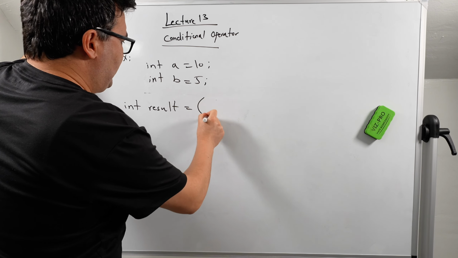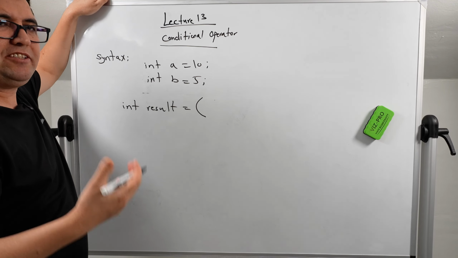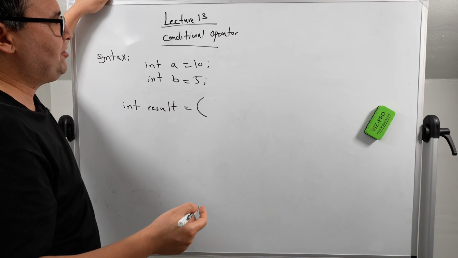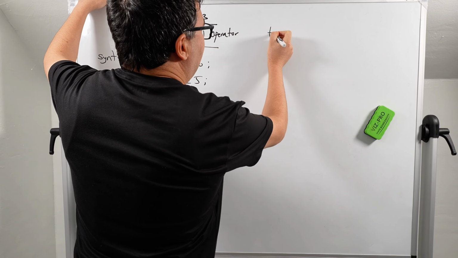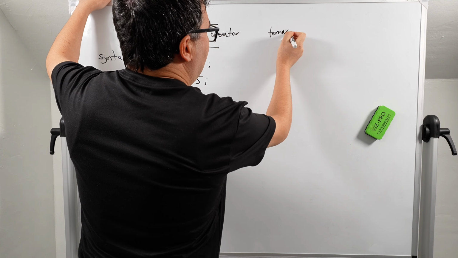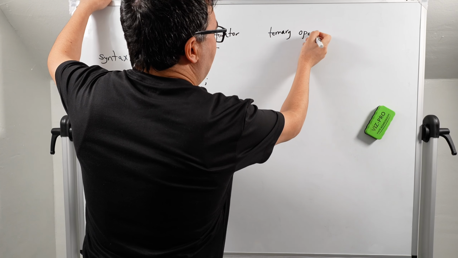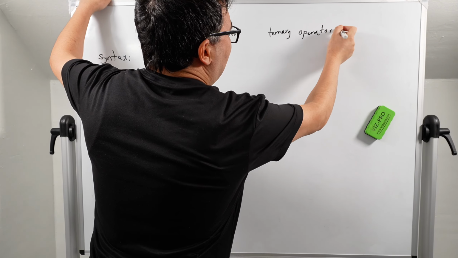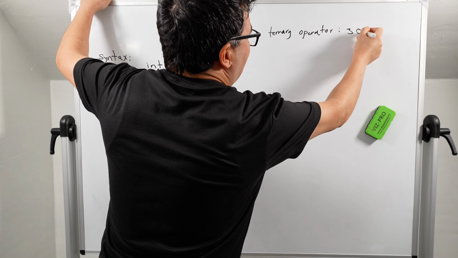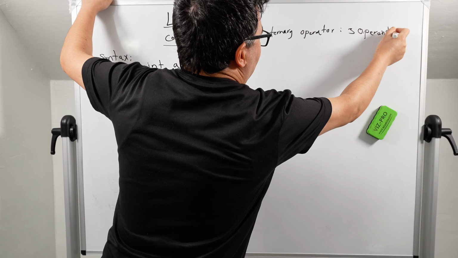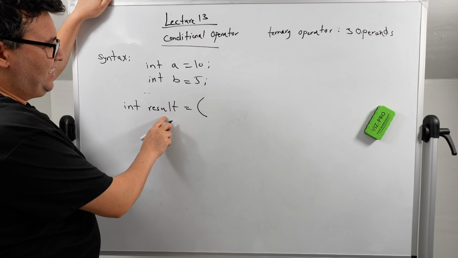We use the conditional operator, which takes 3 operands. It's also called the ternary operator. Why is it called the ternary operator? Because it needs 3 operands.